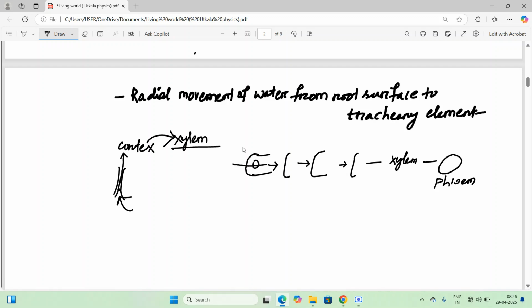Water will move like this. First epidermis, then cortex, then the endodermis. Sorry, not pericycle, that is the endodermis.